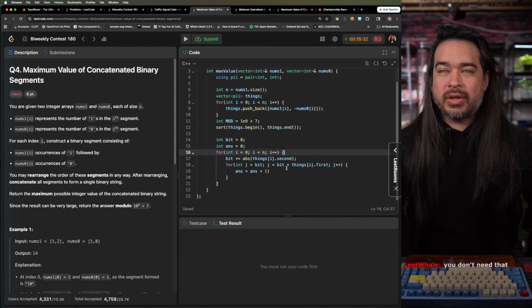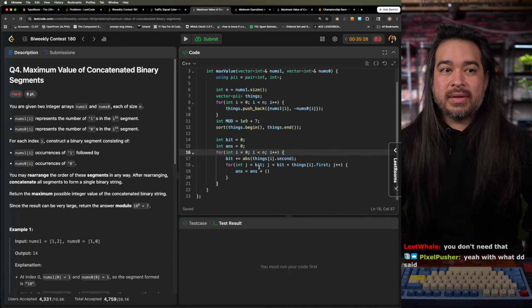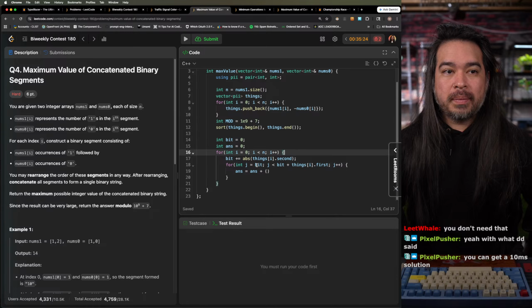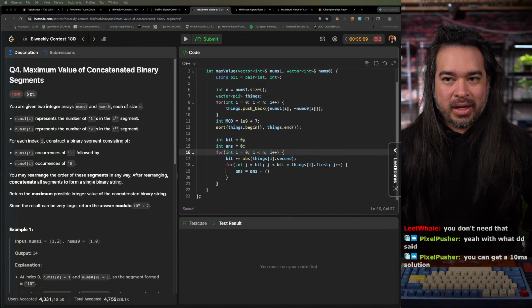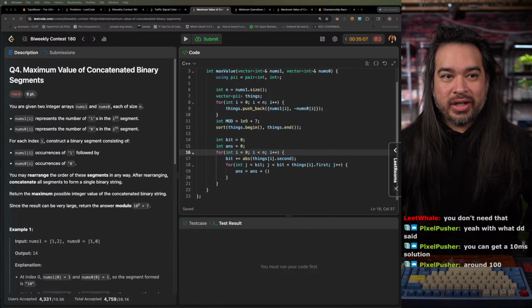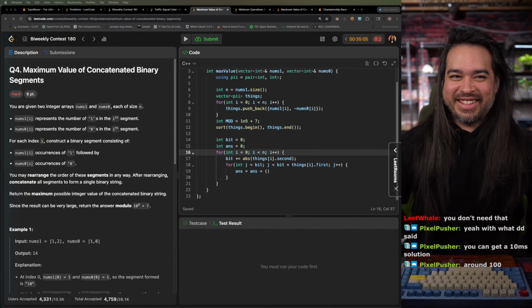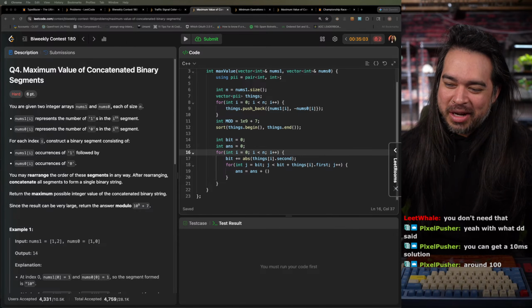So I'm trying to iterate through these things, and if the bit is set... Wait, with what Don't Defense says, you can get a 10 millisecond solution. What was my own? The binary search was like 100. Dang, that's crazy.